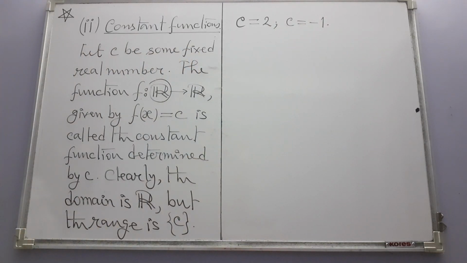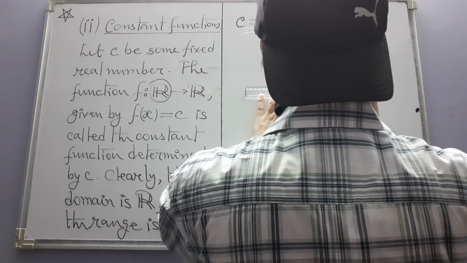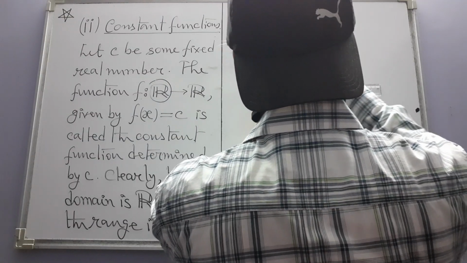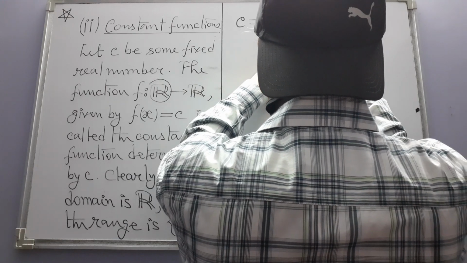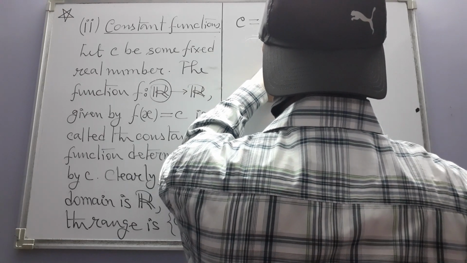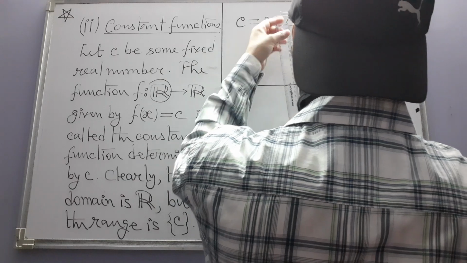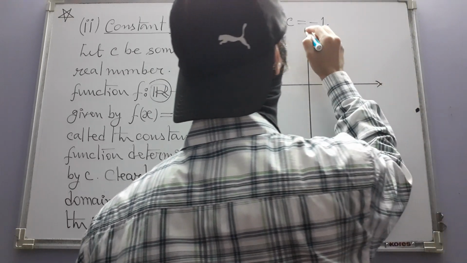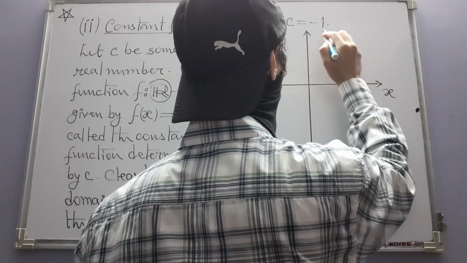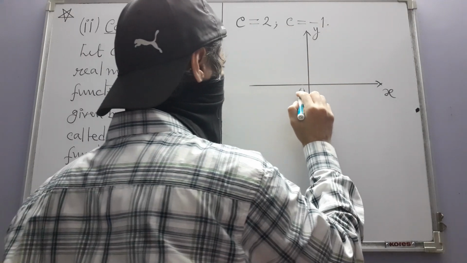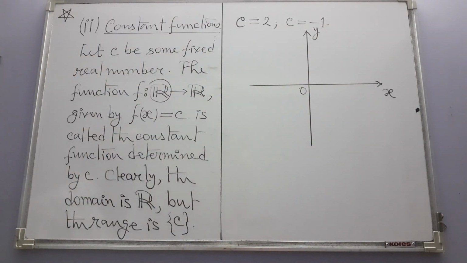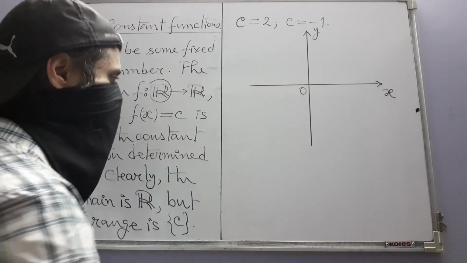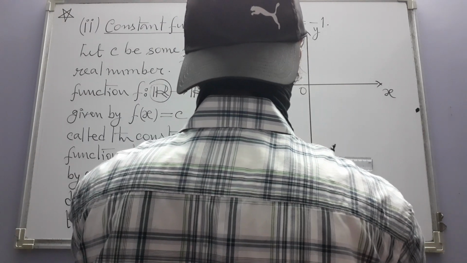Of course, they cannot simultaneously be 2 and minus 1. Just like the graph of the identity function, here also we are going to get straight line graphs. Now, if you make a similar table, say for the value C equal to 2, what will you get?